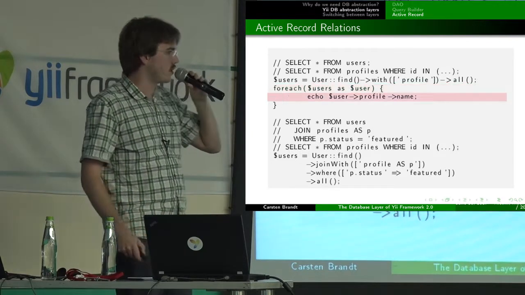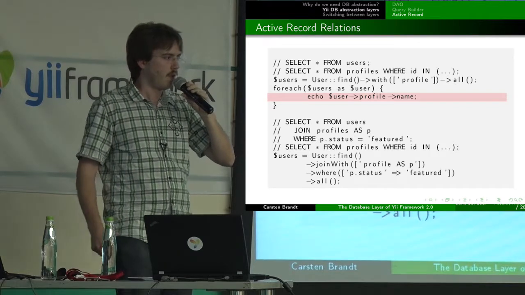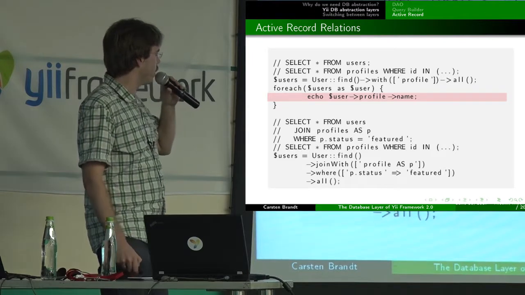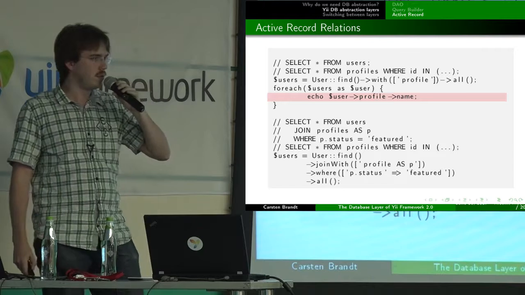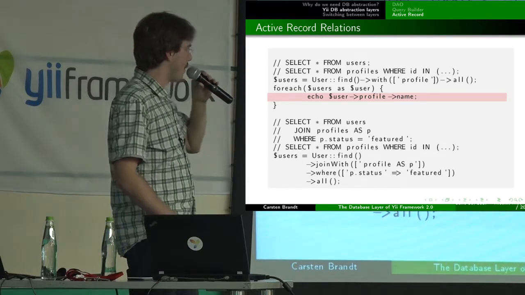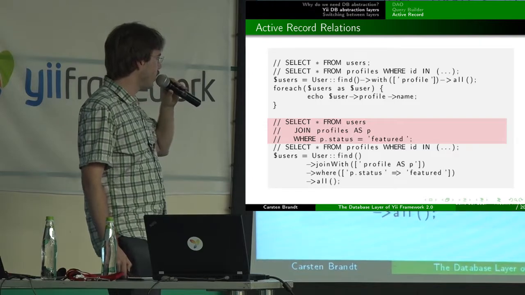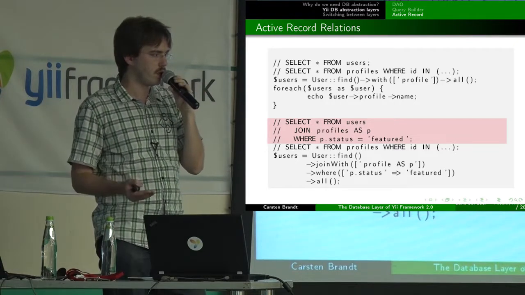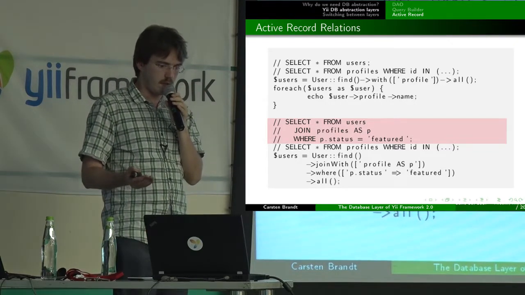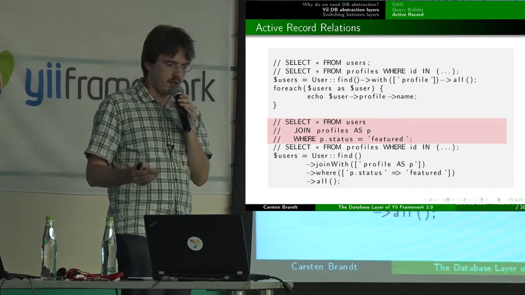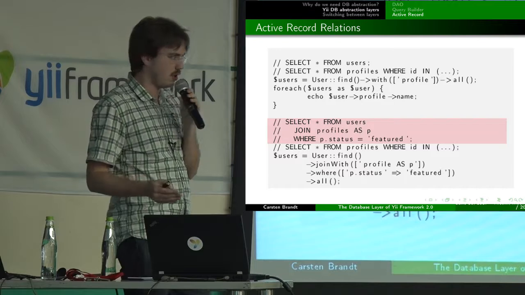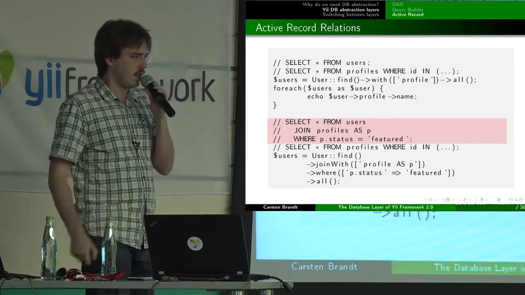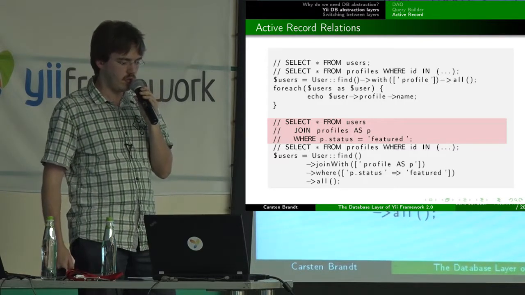So in this line, we do not have any database query. There's a difference between, as you've seen here, there's no join. We do two queries to the database. And if you want to work with the related data in the SQL, so you want to specify a condition, for example that the status of the profile should be featured, you have to do a join, so the database can actually access this status field to check the condition.